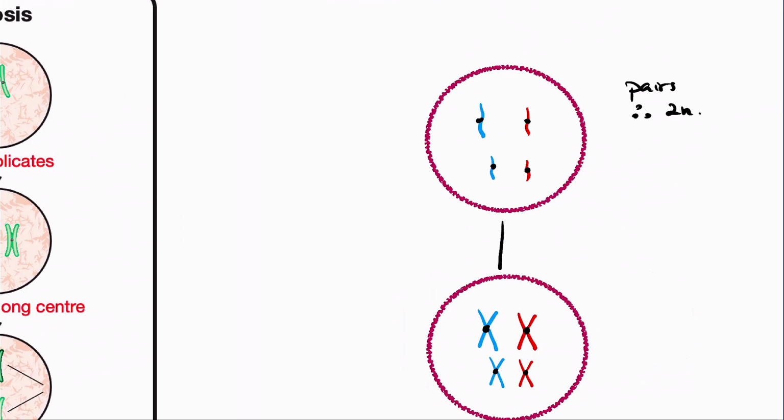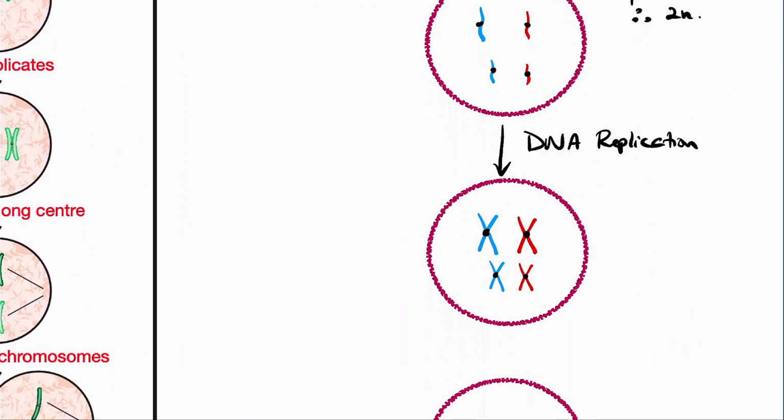And then how do you go from unduplicated to duplicated? You would have DNA replication. Remember, to count chromosomes, you actually just count these little centromeres, these little black dots. So we have 1, 2, 3, 4. 1, 2, 3, 4. So we just duplicated or replicated this DNA. These are still 4 chromosomes. So that's DNA replication.